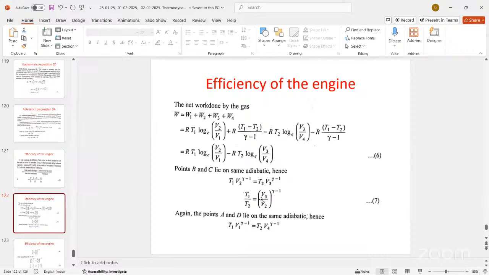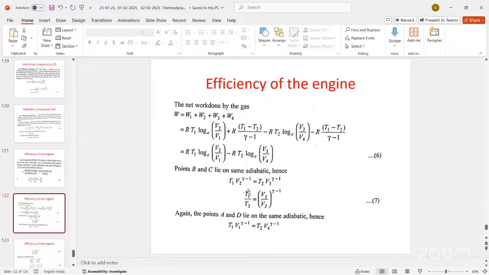So the net work done by the gas, we will take W1, W2, W3 and W4, the four processes we have in the Carnot cycle. So work done by the gas is W1, W2, W3 and W4, all added. Finally, from point B to C in the adiabatic process, T2 V2 to the power gamma minus 1 is equal to T2 V3 to the power gamma minus 1.